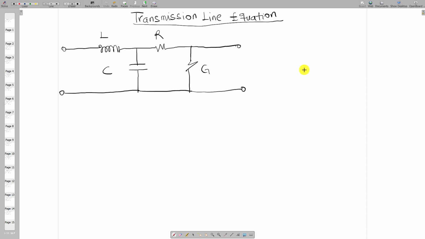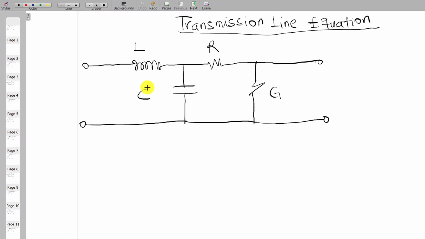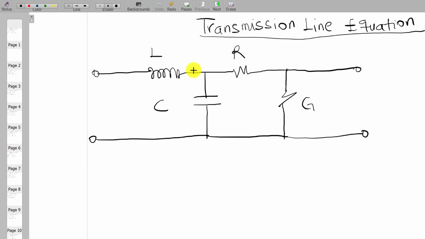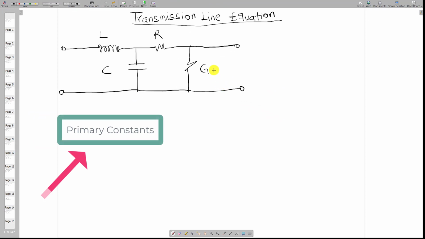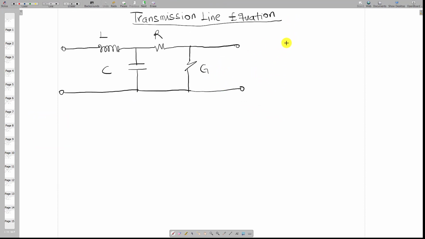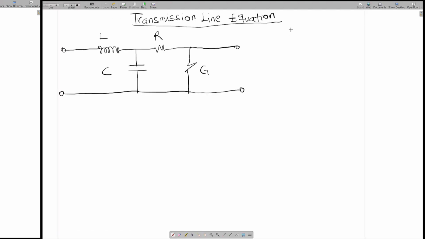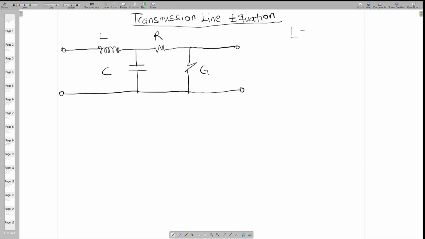Before we begin, let's take into consideration this L, R, C, and G, and these are called primary constants, right? And these primary constants are just small sections taken out of the transmission line. What I mean is that if I take L, for instance, the units for L will be Henry per meter.